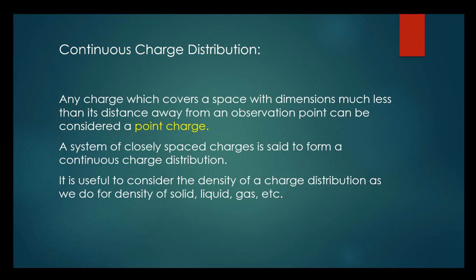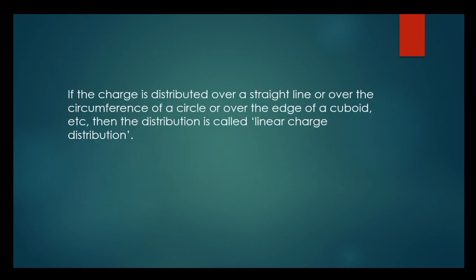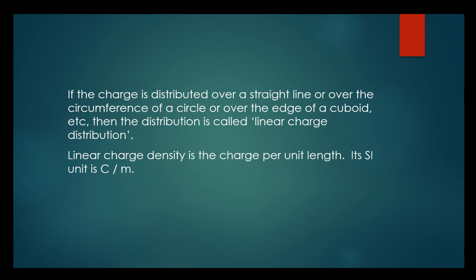In mechanics we have studied the density of solid, liquid and gas. Not only that, we have also studied the linear mass density, surface mass density and volume mass density also. Similarly, we will have here the linear charge density.